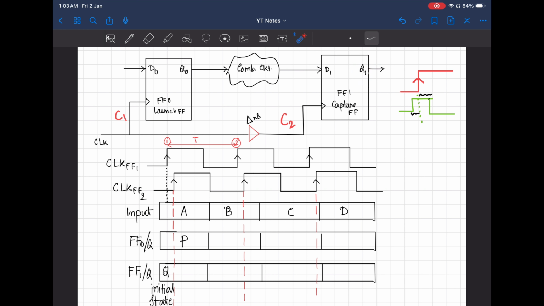So the problem is that flip-flop 1's clock is only slightly delayed, and it still triggers on the same clock edge as flip-flop 0.